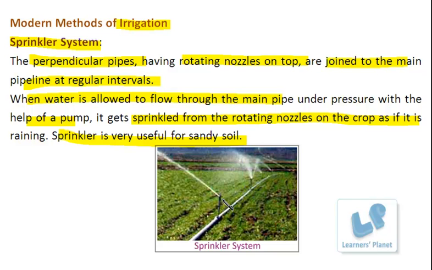So what happens now here, when the water is moving here, and of course pressure is maintained over there with the help of motors or the pumps, the water will also move in the upward direction in these perpendicular pipes here, and since they are rotating, the water which is flowing here will rotate around, and the water is supplied to the entire part of the field. So this is how it is working here. The next type of system is the drip system.